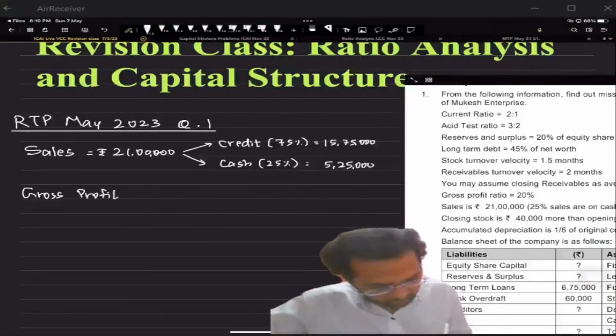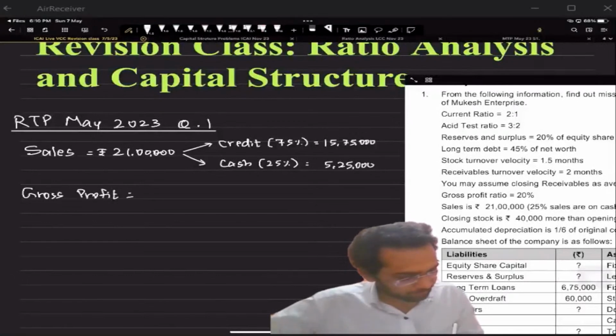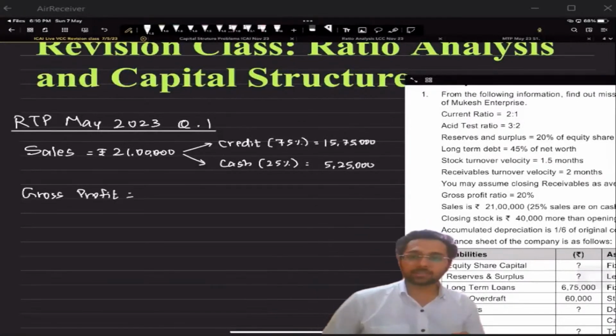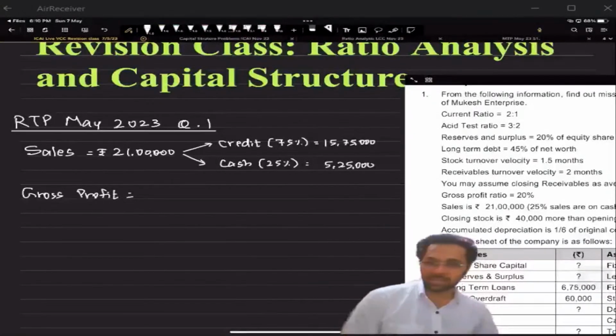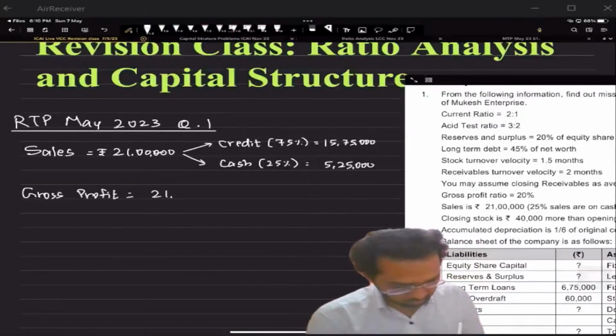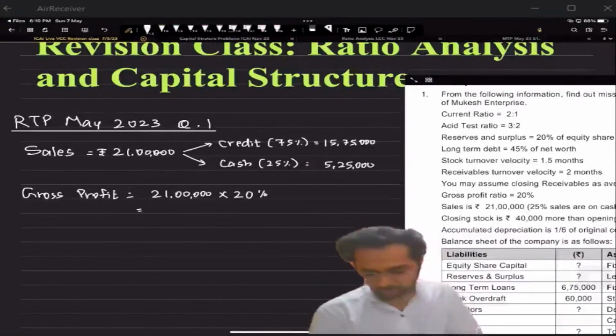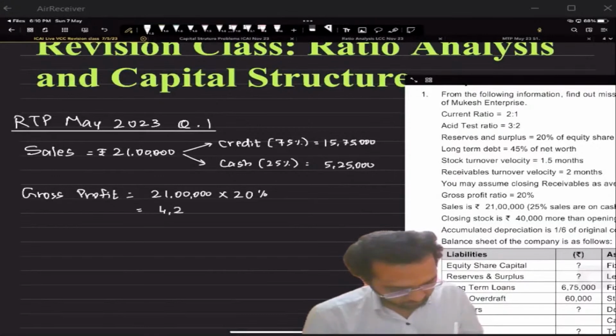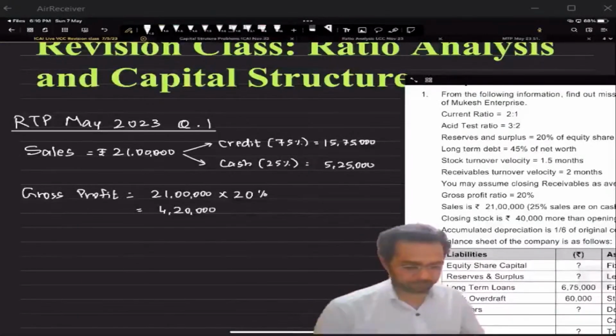So gross profit is basically 20%. Since the GP ratio is 20%, that will be 20% of the sales figure. So gross profit is 21 lakh into 20%, which is 4 lakh 20,000.